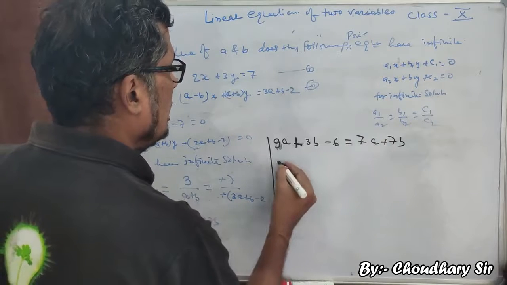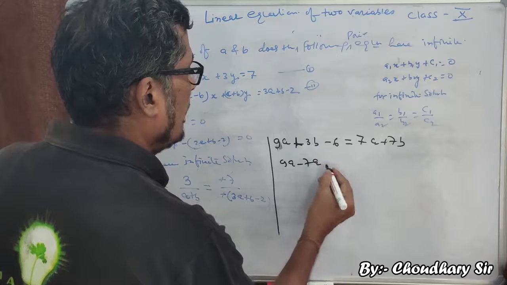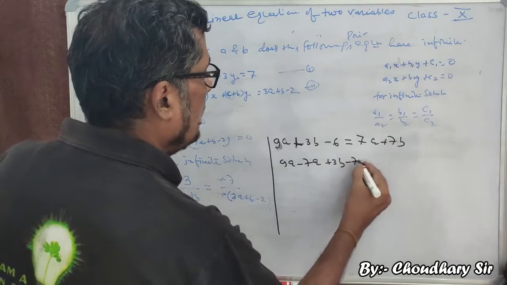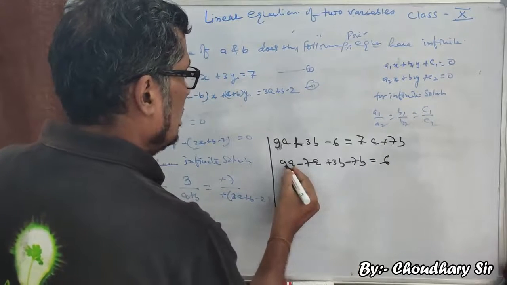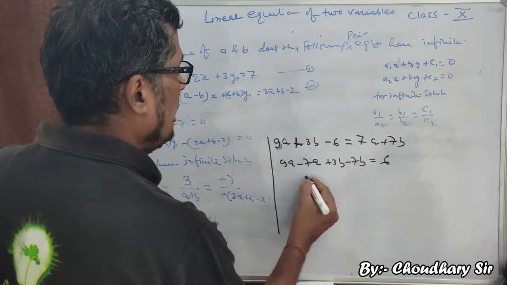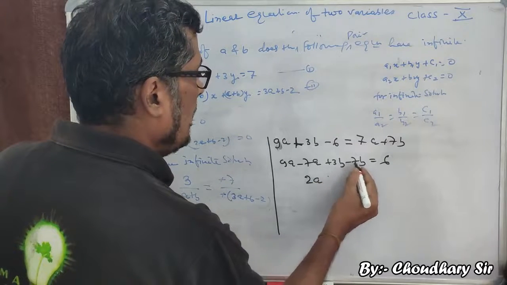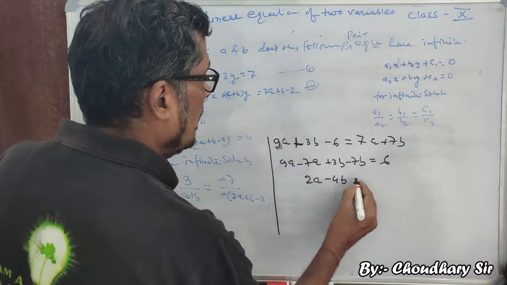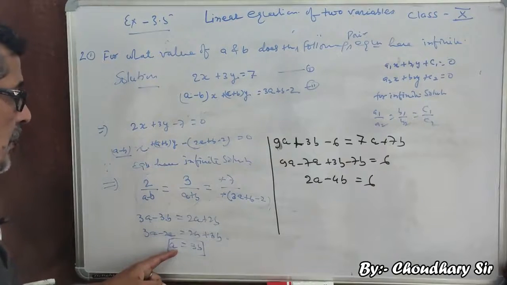Carry this side: 9a minus 7a plus 3b minus 7b equals 6. So 2a minus 4b is equal to 6.